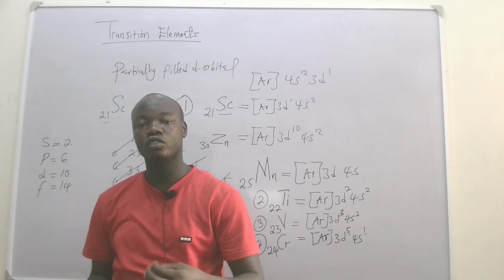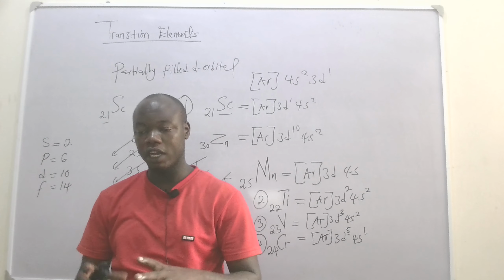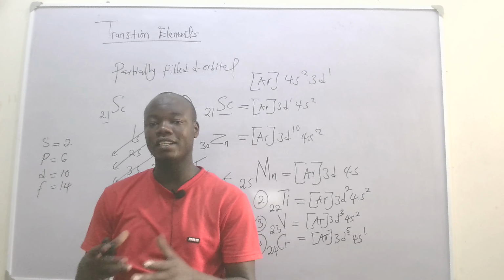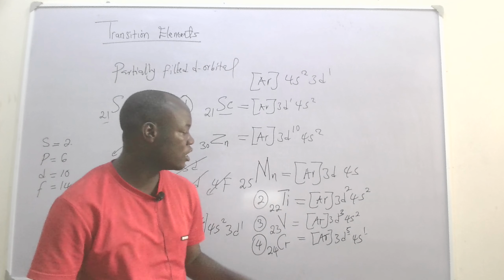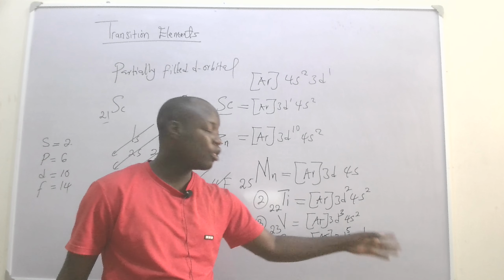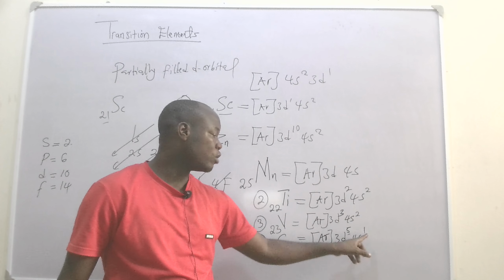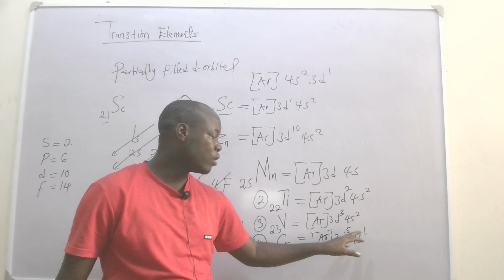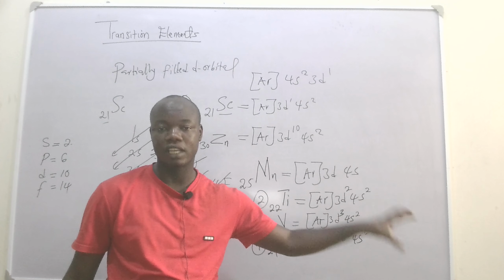So for the element to attain stability, it is very important to look at a way that this element will be more stable. So putting 4 and 2 here will be less stable compared to putting 5 and 1 here. So that is why we add 5 here and 1 here. At the end, we will have what we call half-filled stability.